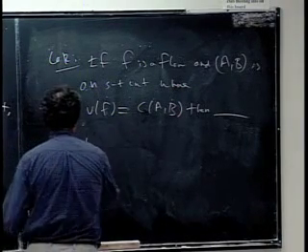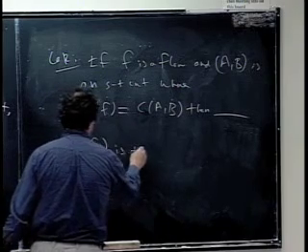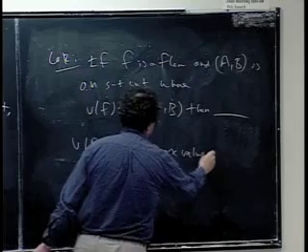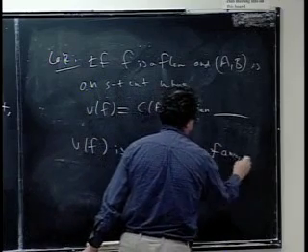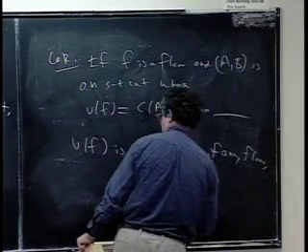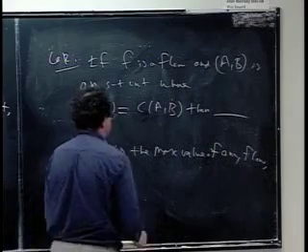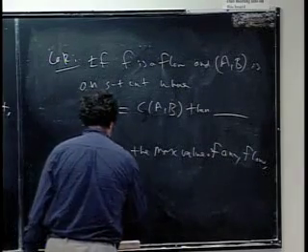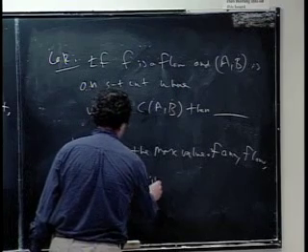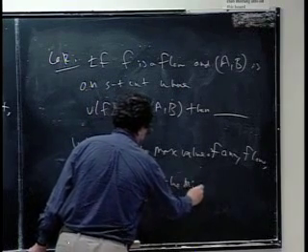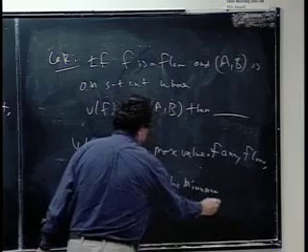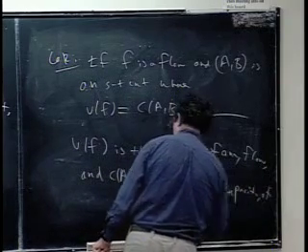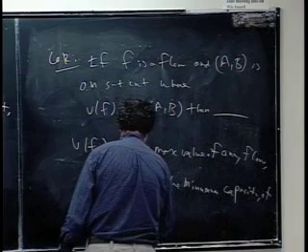Then VF is the maximum value of any ST flow, and CAB is the minimum capacity of any ST cut.